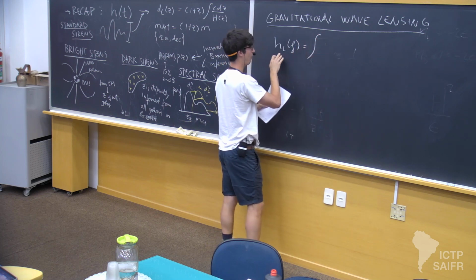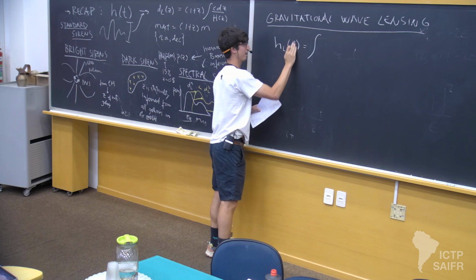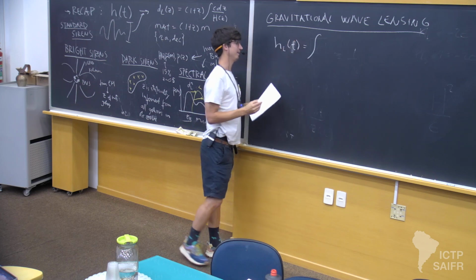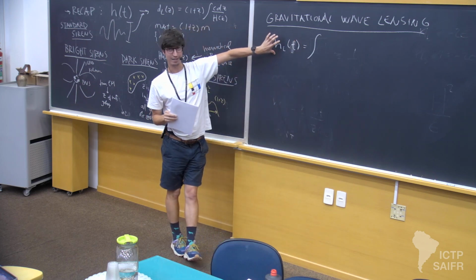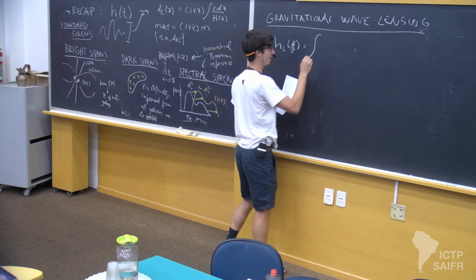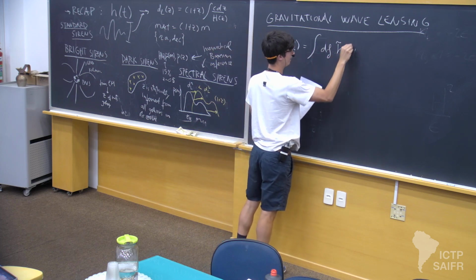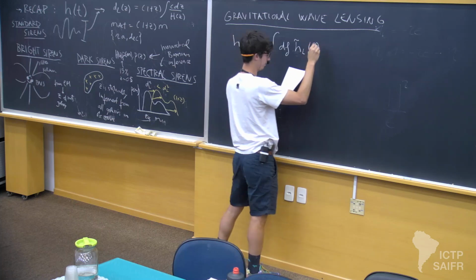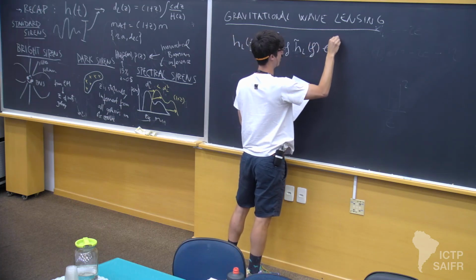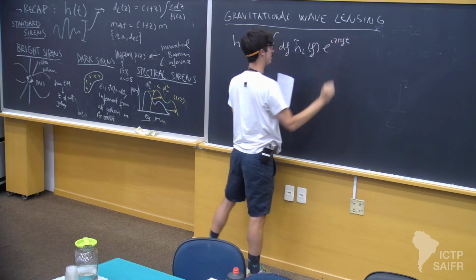What we found is that we can construct our lens signal in the time domain from our lens signal in the frequency domain. This is just the Fourier transform, just for definitions.